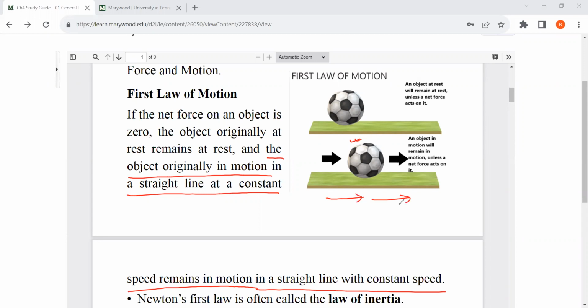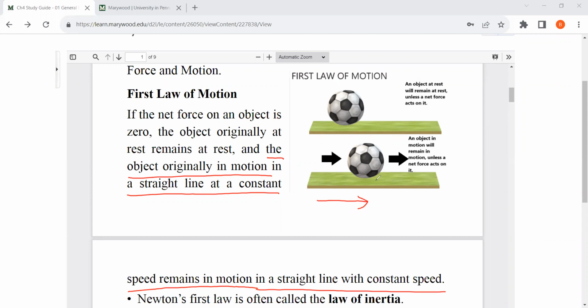But from our everyday experience, it's not like that, right? If an object is moving in this direction at constant speed, at some point it will stop, right? Why does it stop? Even if we do not apply any explicit forces, nature has applied some forces on the object.